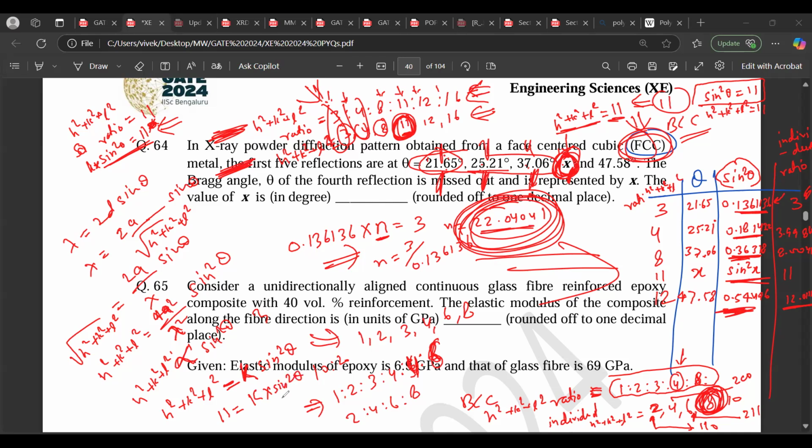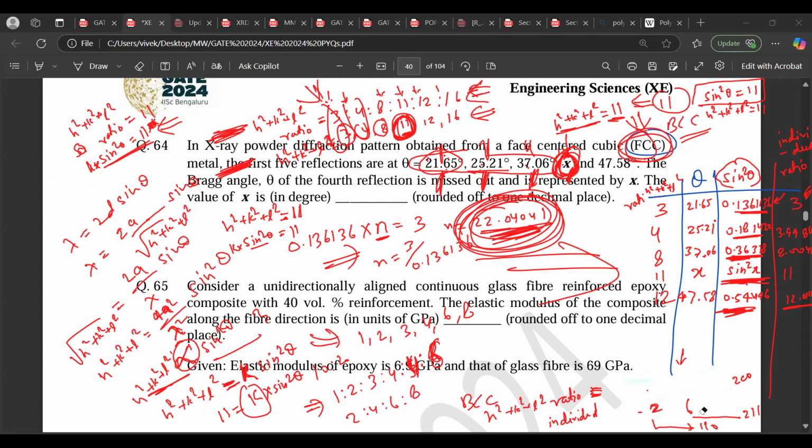You cannot directly put it, because they were a ratio, there was a missing constant. You cannot write sine square theta equals 11, but a constant k into sine square theta is 11. The moment you remove the proportionality sign, you can put equals and then find that k. This 22.04 is the k. For example, if I multiply this number with 22.04, I got 8. Similarly, if you multiply this sine square theta with 22.04, I'll get 11. That is the only idea you have to follow.